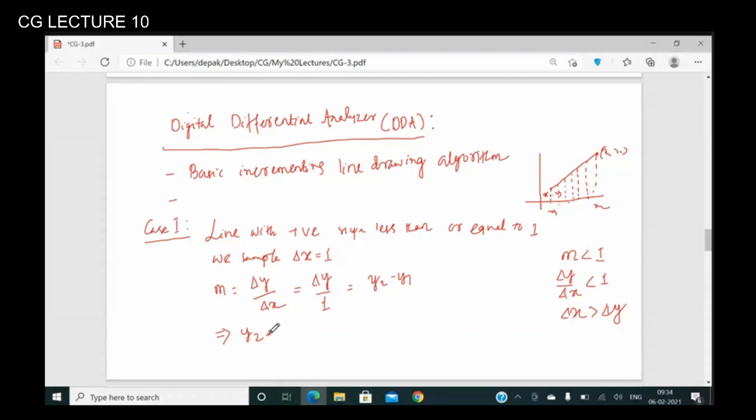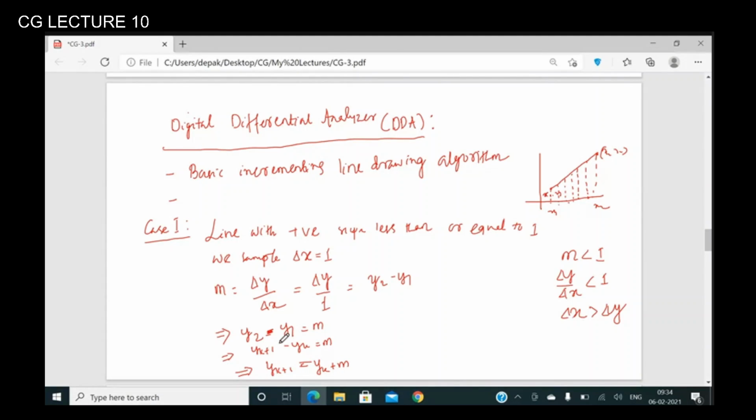In general, I can write yk plus 1 minus yk is equal to m. That means yk plus 1 is equal to yk plus m.